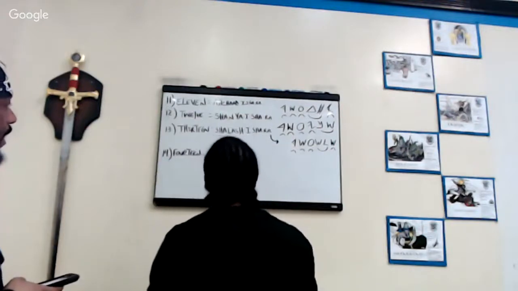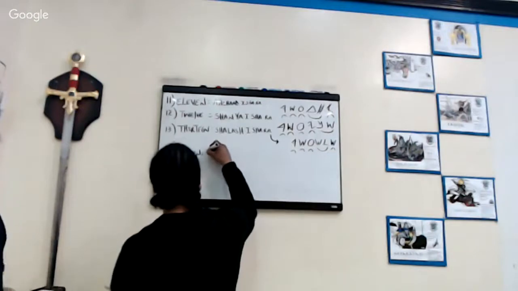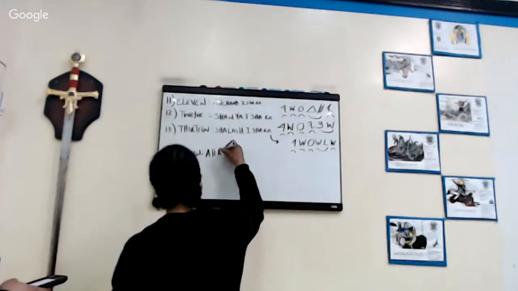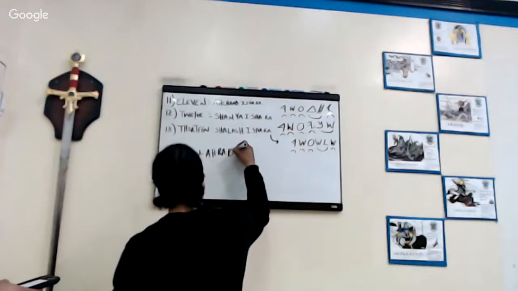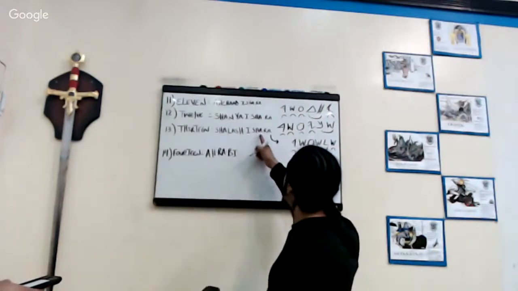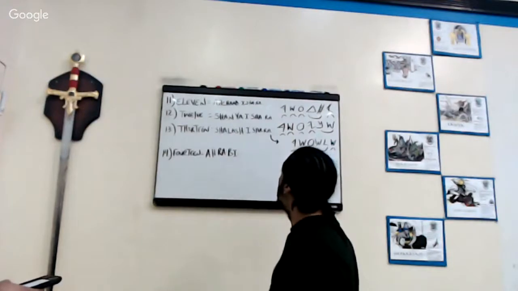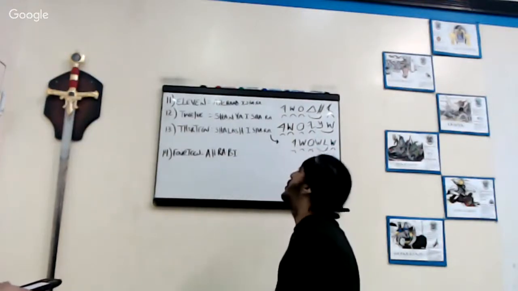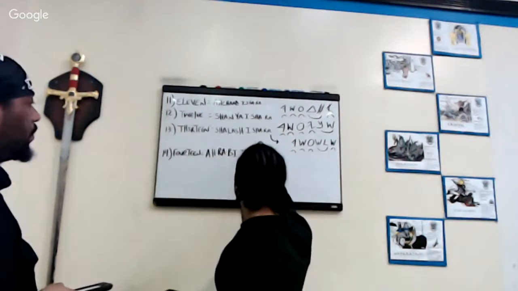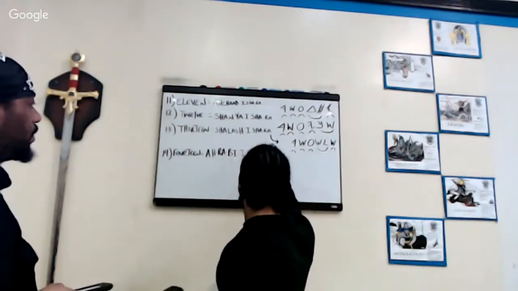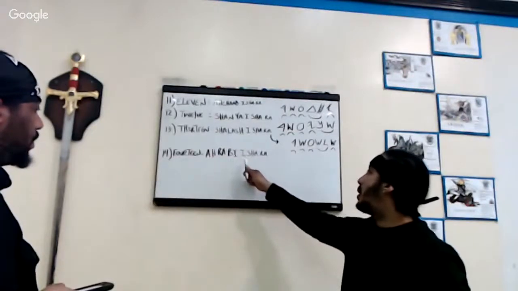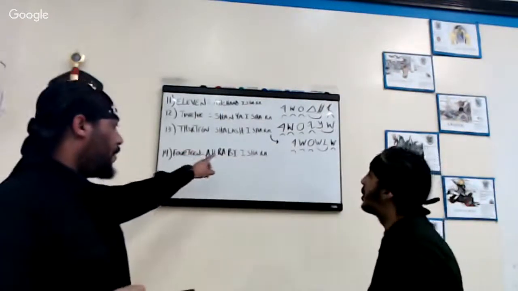Right. What goes next? Ashura, I-S-H-A-R-A, which is what in Hebrew? 10. Right. Okay. Arabai Ashura. Right. 14.